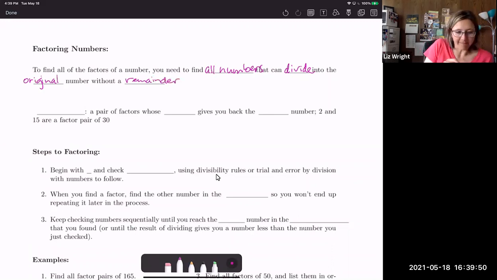And then factor pairs. So you kind of heard me talking about that on the previous video. But factor pairs, it's going to be a pair of factors whose product gives you back the original number.